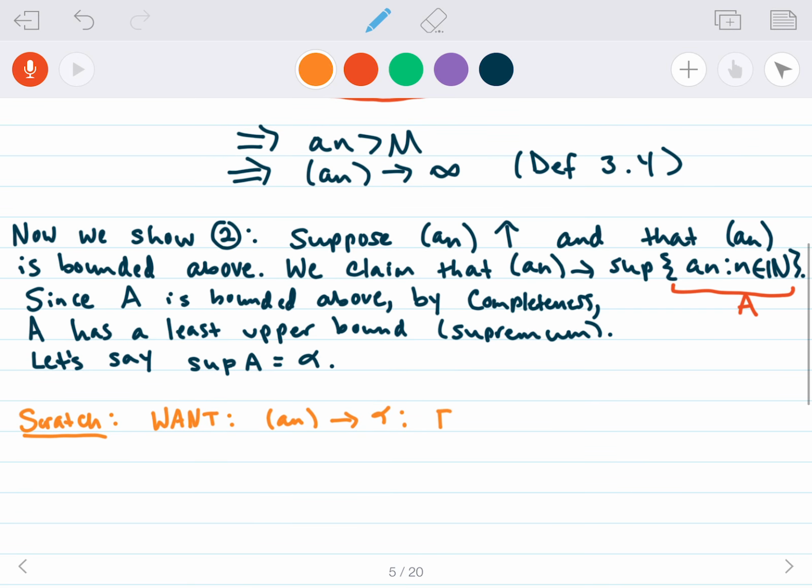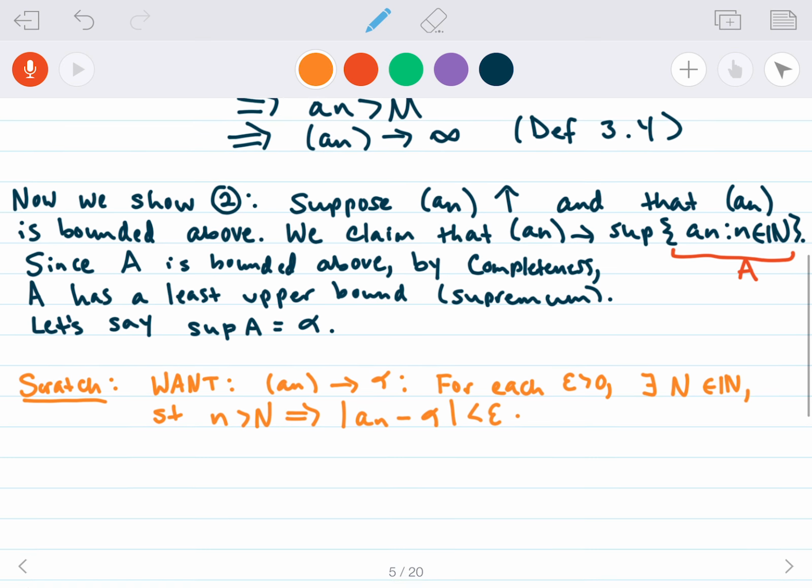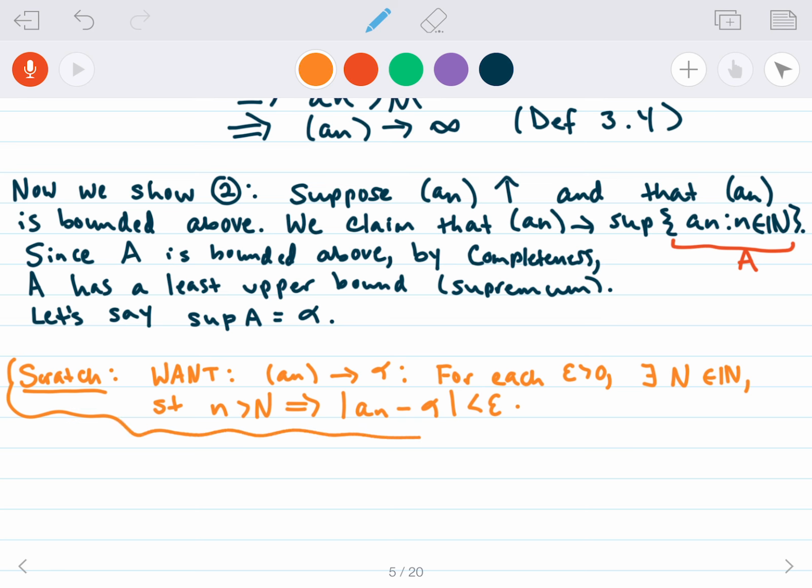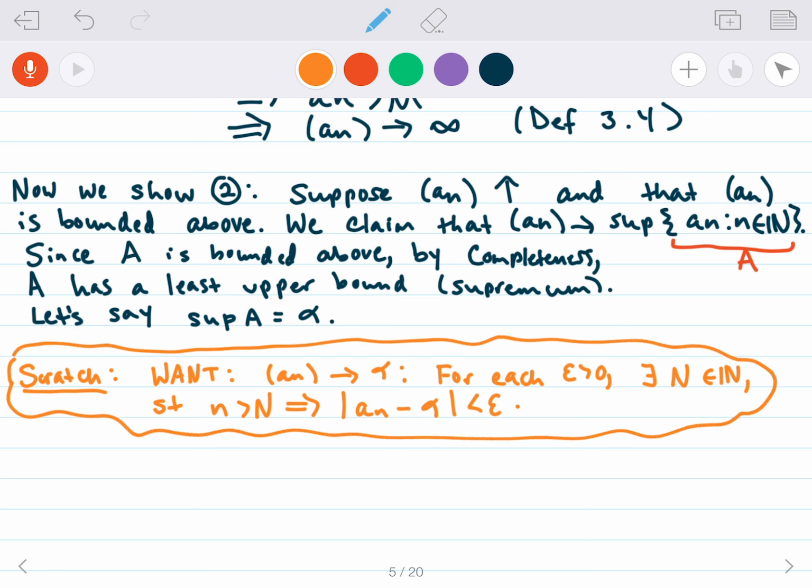By our definition of convergence of sequences, for each epsilon bigger than 0, there's a capital N in the naturals such that little n bigger than capital N implies that the terms in the sequence get arbitrarily close to alpha. So the difference of a sub n and alpha is going to be less than epsilon. Okay, so this is what we want. I'm just going to keep this up here to show that that's the conclusion we're trying to get to.